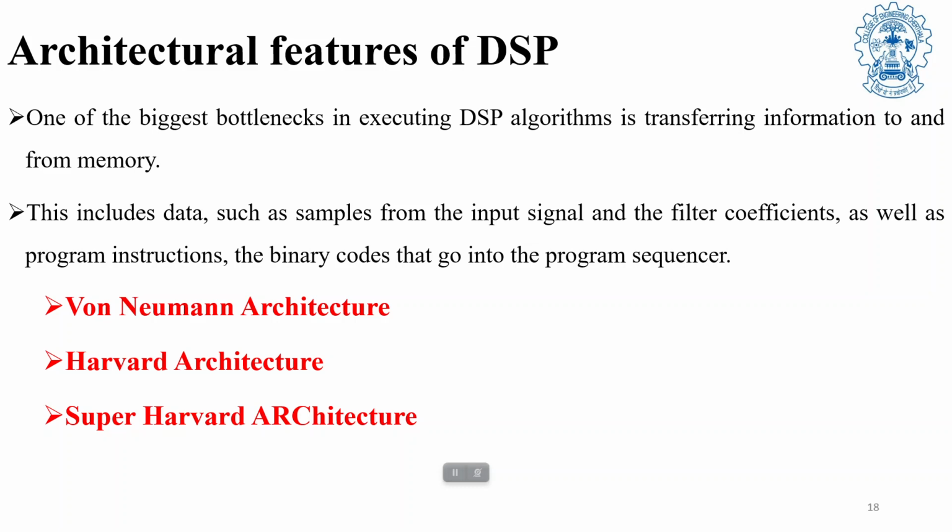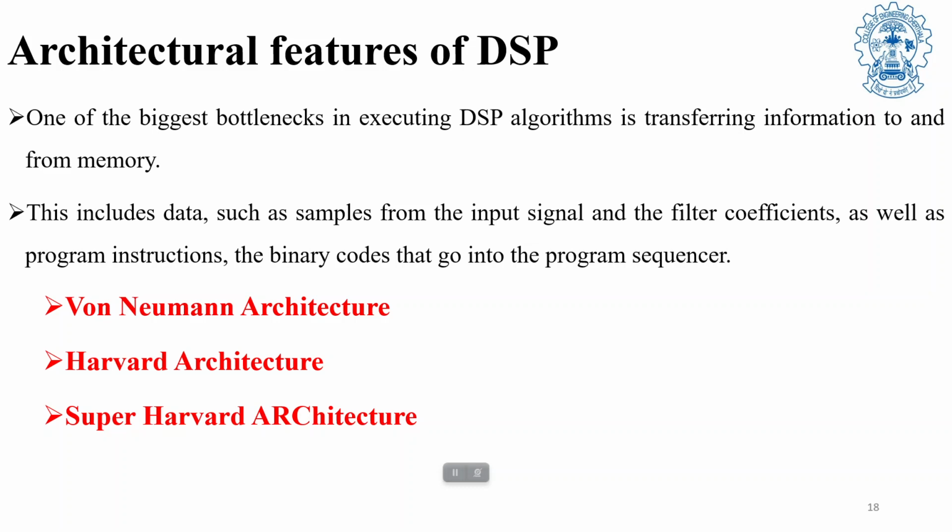This information includes data as well as instructions. Data are the samples from the input signal to the filter coefficients, which means that it includes the input as well as the filter coefficients.